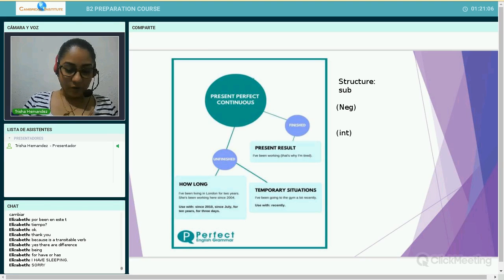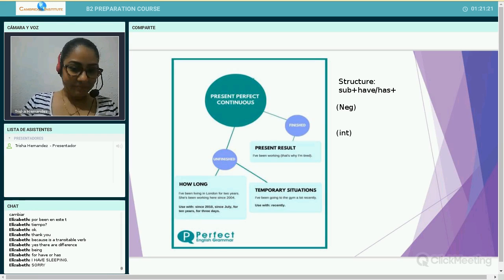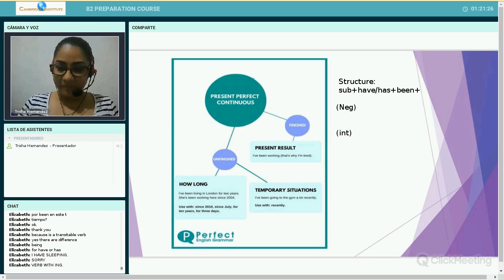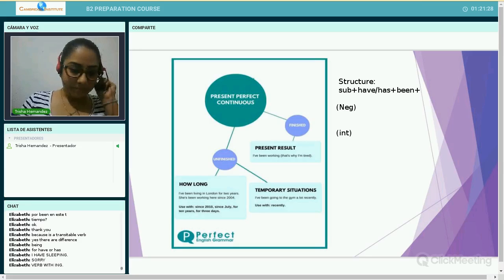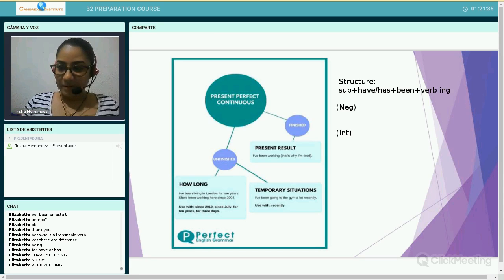You're following the structure. You have your subject and you have or has, and then you have been, and then the verb with ing. Very good. Ing form, right?